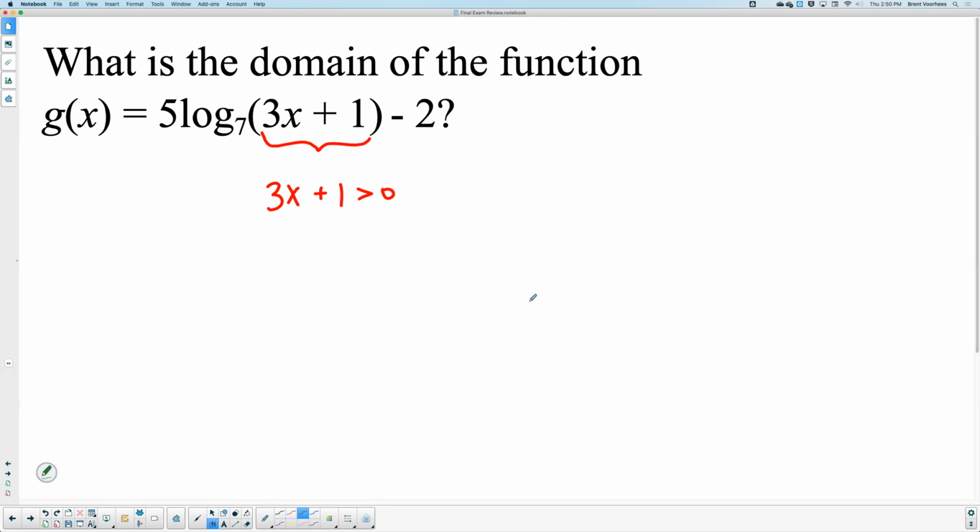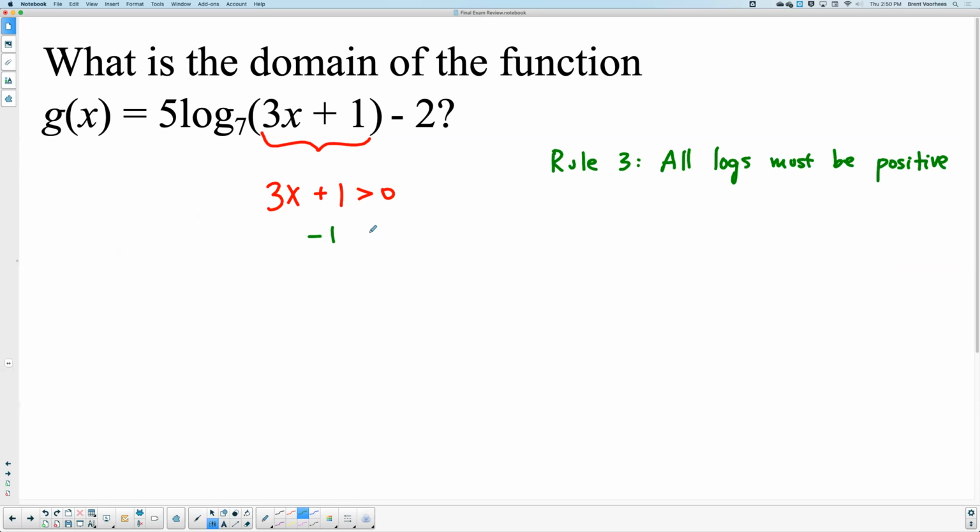So we could do this in 2 algebra 1 steps. What goes first? Rule 3. Let's do it in terms of a positive. All logs must be positive. That's what I'm doing here. So 3x plus 1 has got to be greater than 0. That's how you say positive.